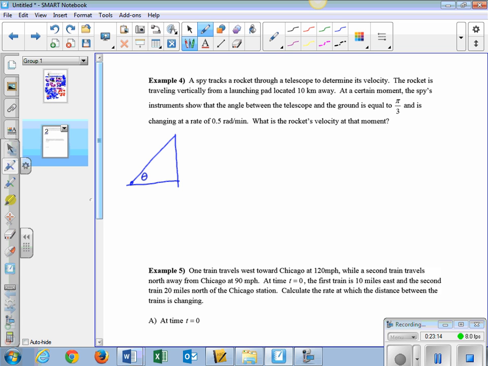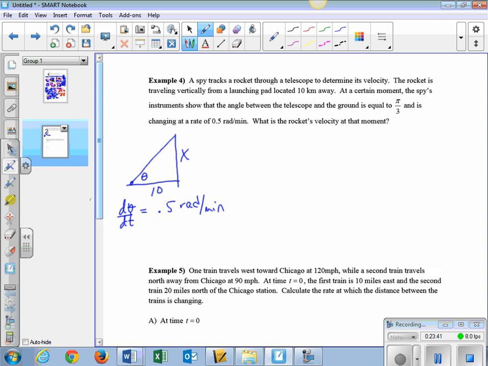The rocket is going vertically, which is why I knew I could do this right triangle. This is 10 kilometers. This height is constantly changing, so I'm going to call that x. And I also know that d theta/dt, that angle, is changing at a rate of 0.5 radians per minute.